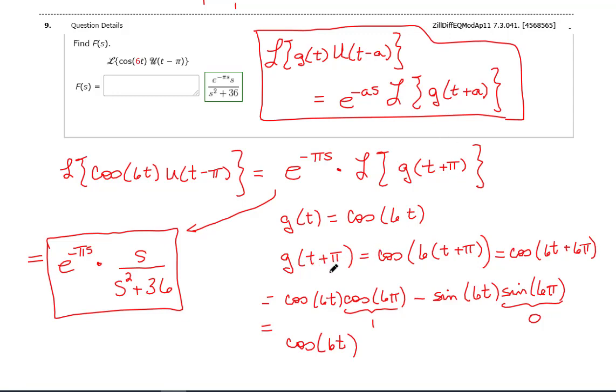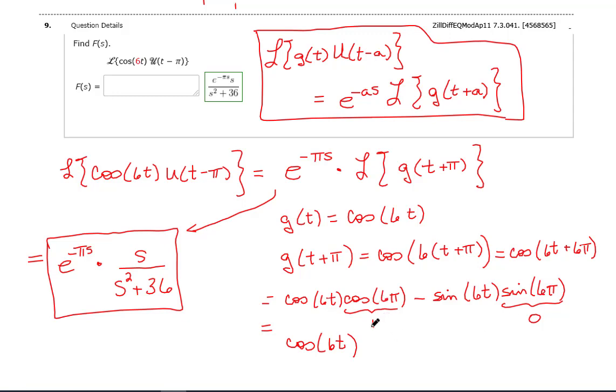So g of t plus pi is cosine of 6 times that, so cosine 6t plus 6 pi. We have from trig the cosine of the sum of two angles, so it's the cosine of the first, cosine of the second, minus sine of the first, sine of the second. But we can simplify that.